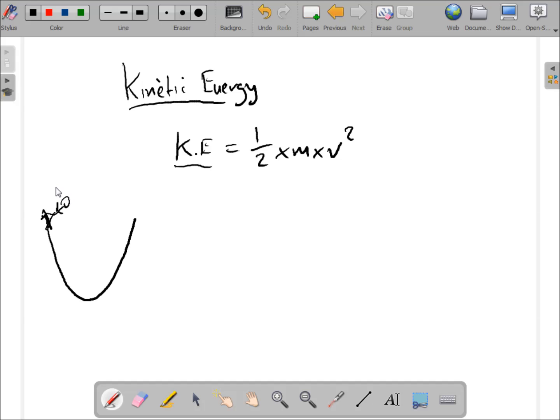At the top he's got his maximum gravitational potential energy, and then as he goes down that transfers into kinetic energy. So at about halfway down he's got sort of half and half, and then at the bottom he is going to be moving his fastest. So at this point he's got his maximum kinetic energy.